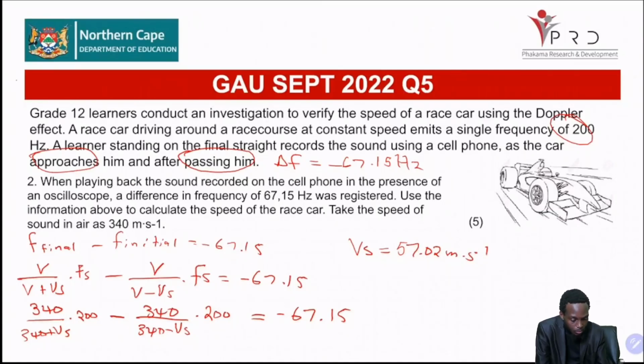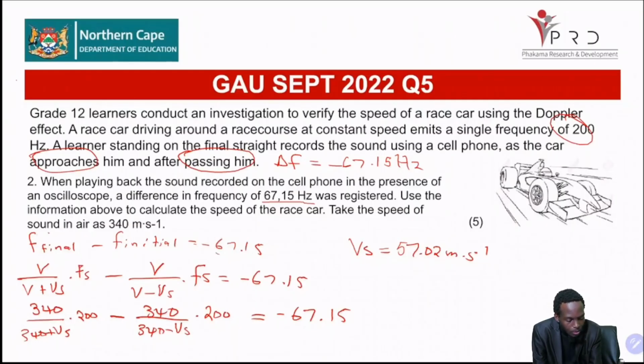I'm just going to quickly explain what just happened. It says, when playing back the sound recorded on the cell phone in the presence of an oscilloscope, they recorded a difference of 67,50, meaning that the final frequency subtract the initial frequency had a difference of what?